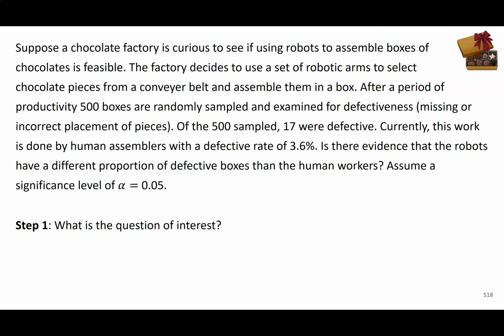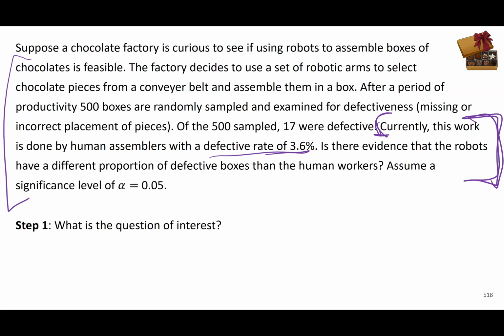So same problem, but now we're going to shift our question and our focus here. So they want to know if it's feasible, so they go ahead and they said currently, and this is where it starts being different right here, currently this work is done by human assemblers. And the human assemblers we know have a defect rate of 3.6%.